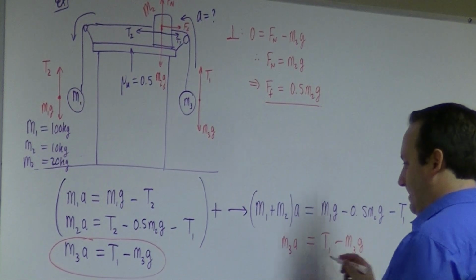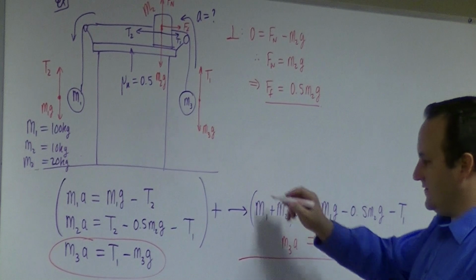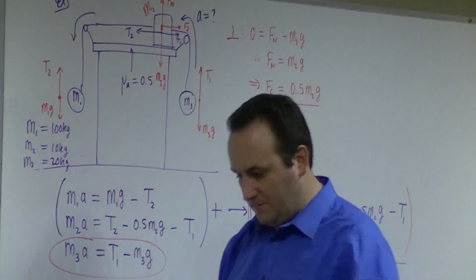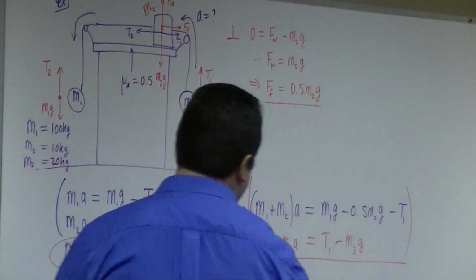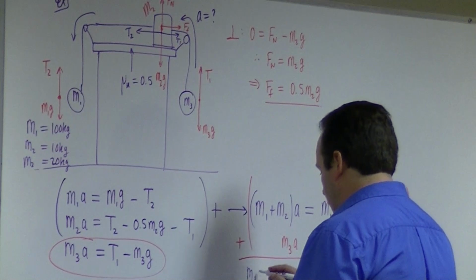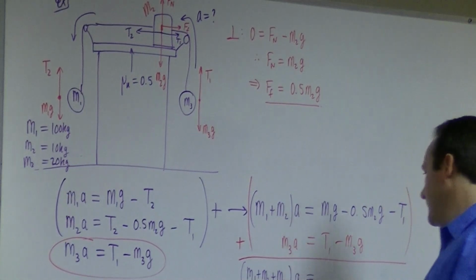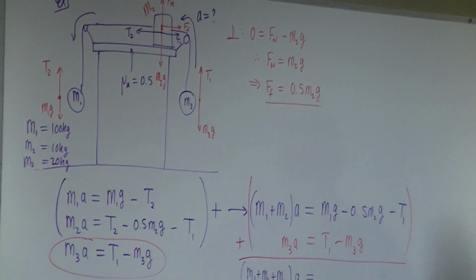Then what do you do? Take these equations and add them once more. What does that give you? M1 plus M2 plus M3 times A. The tensions cancel, and we're just left with things we care about: M1 minus 0.5 M2 minus M3, all times G. Tensions canceled.